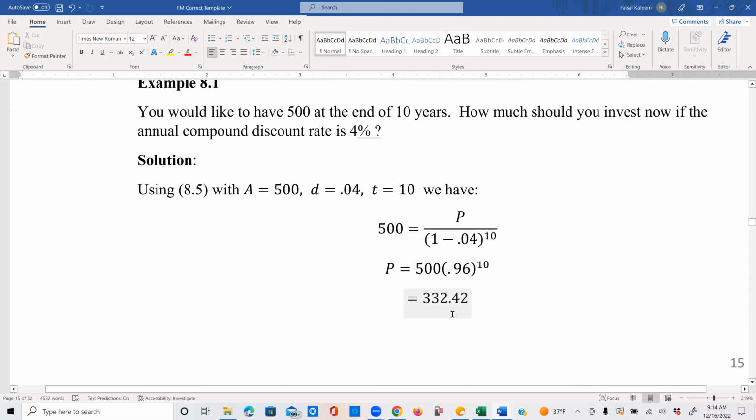So we are now ready to do the SOA problem 247. Let's look at it.